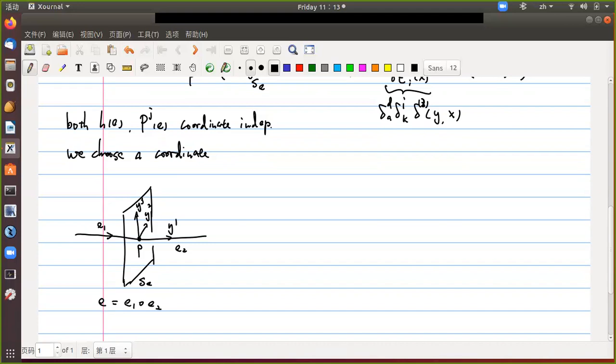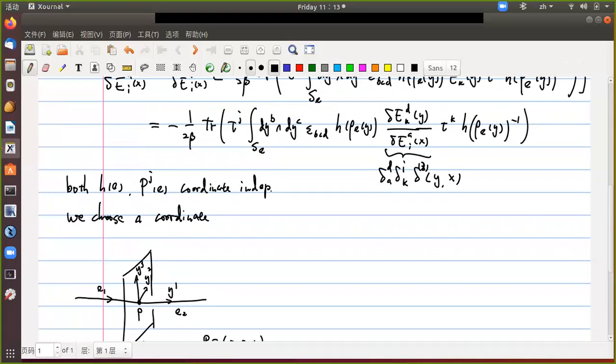All right, and in this coordinate system, P is located at 0, 0, 0. So we build this coordinate so that P is located at the origin. Okay, so in this coordinate, our calculation should be very simplified.